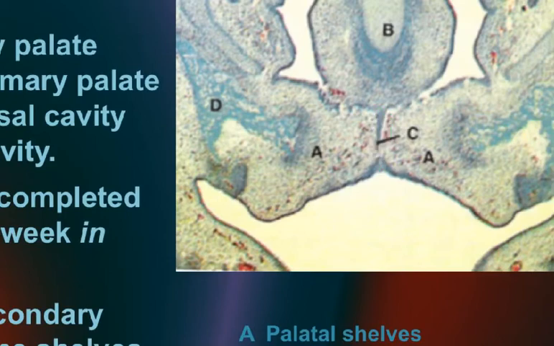In this section, it's not solid. We can identify discontinuity here. It means that it started resorbing, it started disintegration. So this would be after week 9, and of course before week 12, because week 12 would be complete disintegration of this seam.